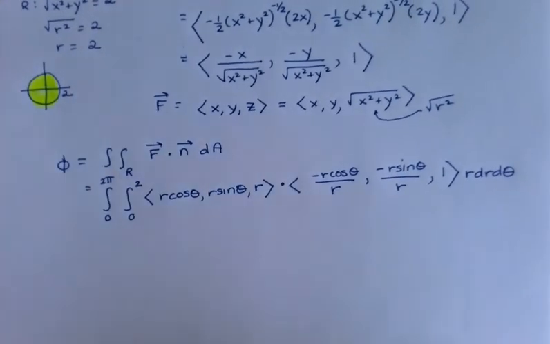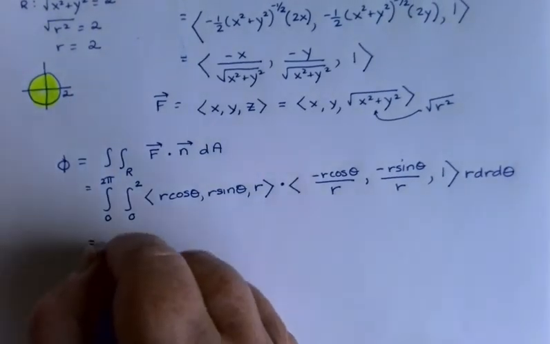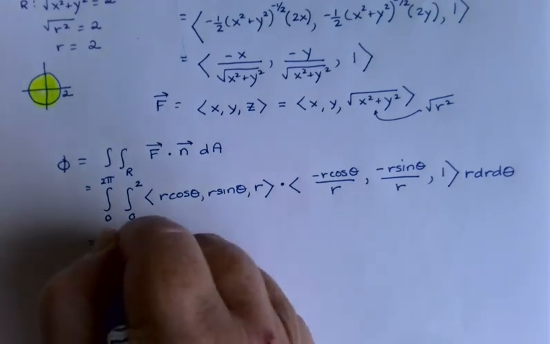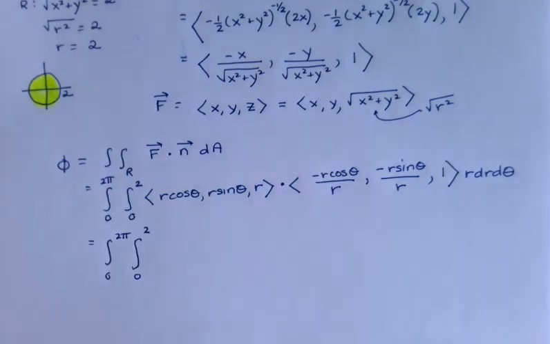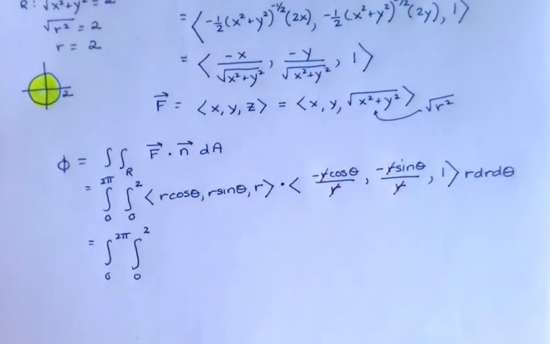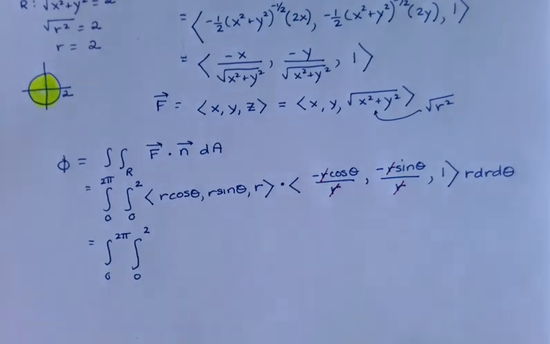We're down to the evaluation piece. So doing my dot product, actually, you know what? Let's go ahead and we can get rid of some r's right off the bat. That's kind of nice.